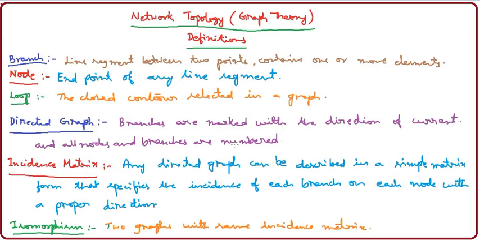Then what does it mean by node? The endpoint of any line segment is called a node. Loop means a closed contour selected in a graph. If a circuit has been given to us, we will convert it into a graph, and a loop is a closed contour selected in it.